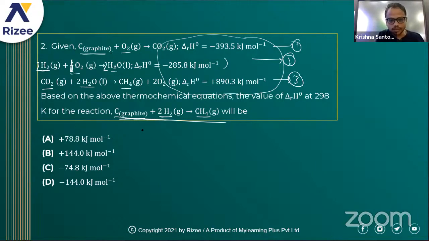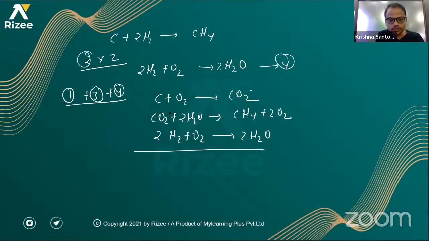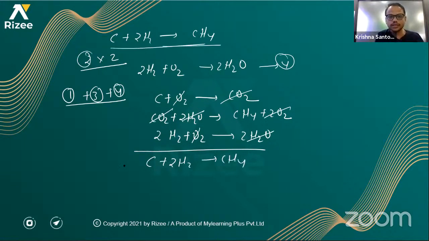So let's see what happens. So here CO2 gets cancelled, and H2O gets cancelled. 2O2 gets cancelled. So I can write C plus 2H2 gives rise to CH4. That is our required equation.